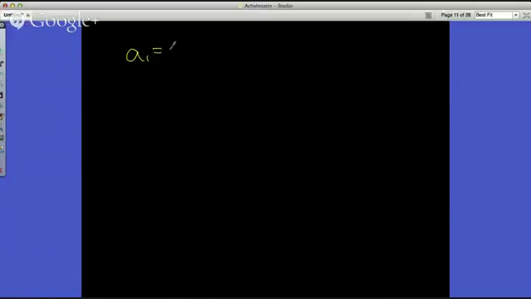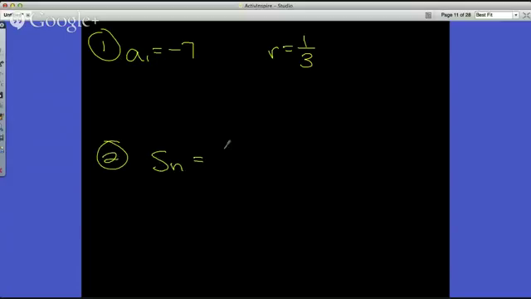First term is -7, and the common ratio is 1/3. Now, did they give that to you on number 1 on Unit 4? Find some geometric sequence. Did it give you a sub 1 is -7, r is 1/3?